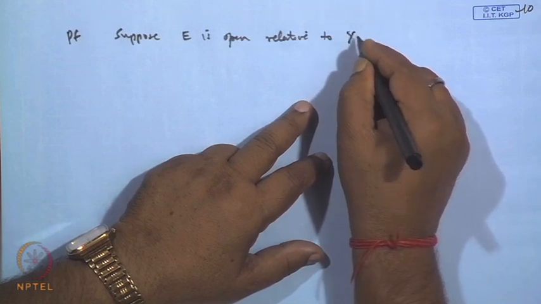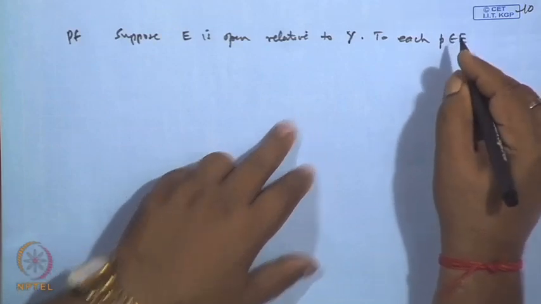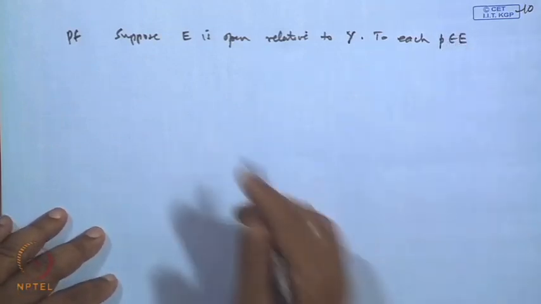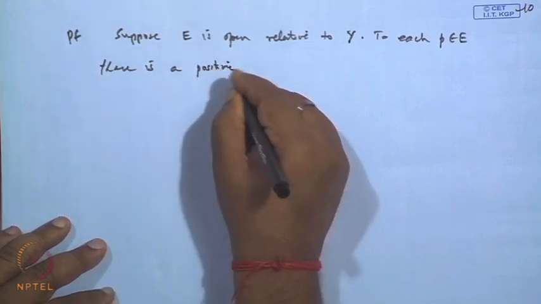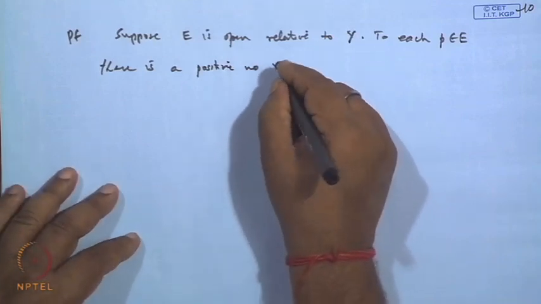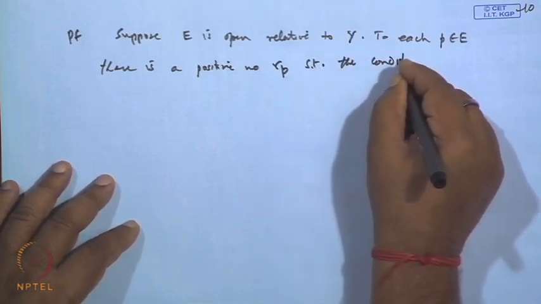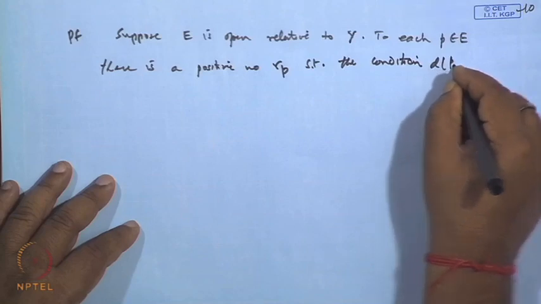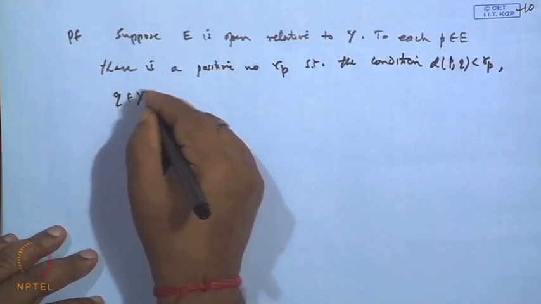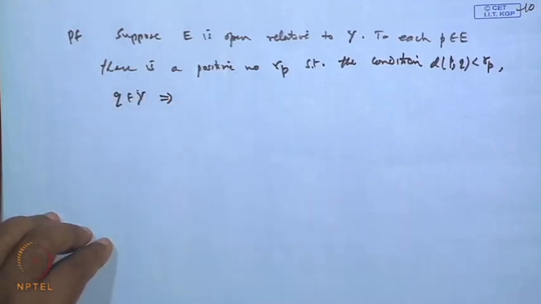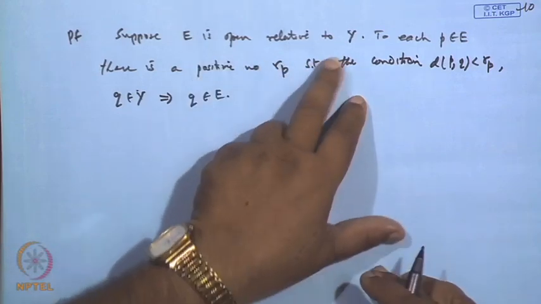By the definition of open relative to Y, to each p belonging to E there is a positive number r_p such that the condition d(p, q) less than r_p, where q belongs to Y, implies that q is in E.